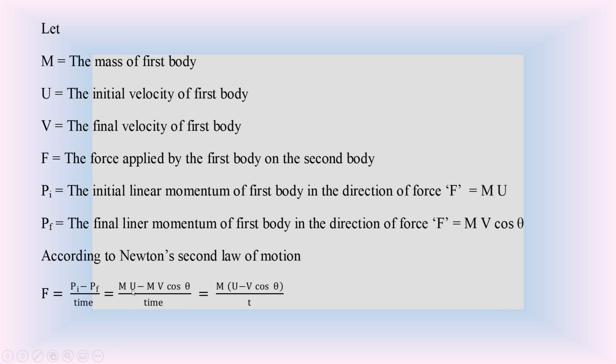Pi is mu. Pf is m into V cos theta, by time. Take the mass common in the numerator. So it is m by t into V cos theta minus u. m by t is called the mass per unit time, or per second. So this is the application of Newton's law to find the force F when the first body is hitting the second body.